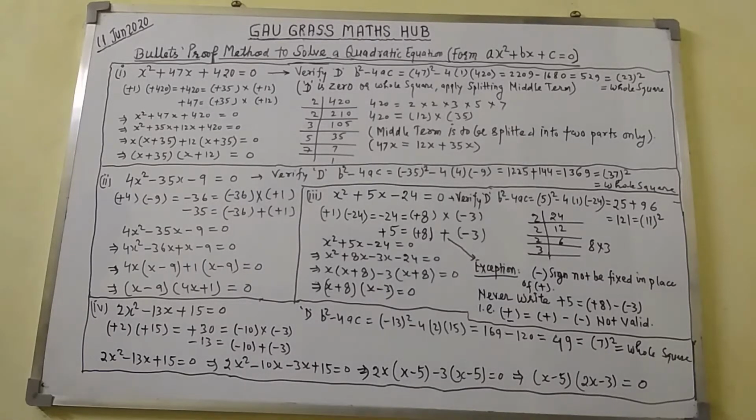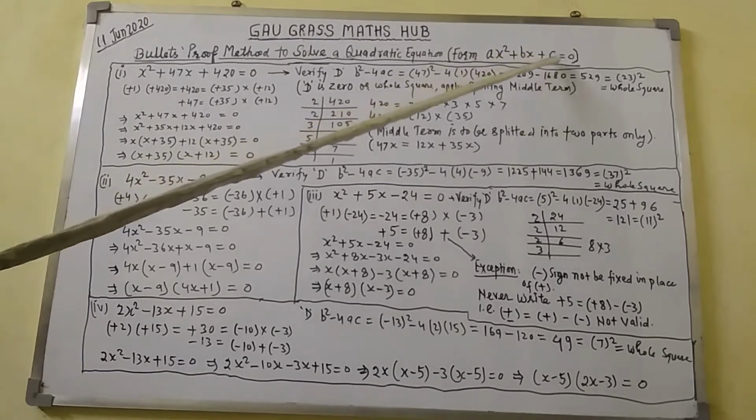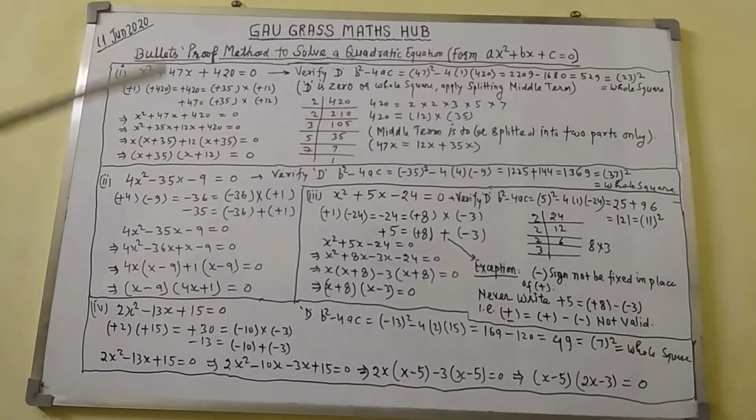Today we are going to learn Bullet's proof method to solve a quadratic equation in the form ax square plus bx plus c equal to 0. Now I have taken one question like this: x square plus 47x plus 420 equal to 0.